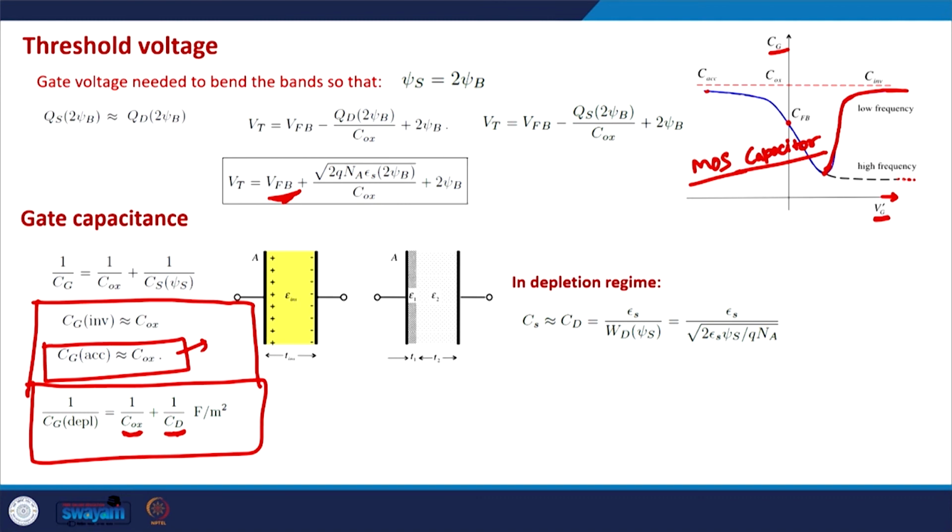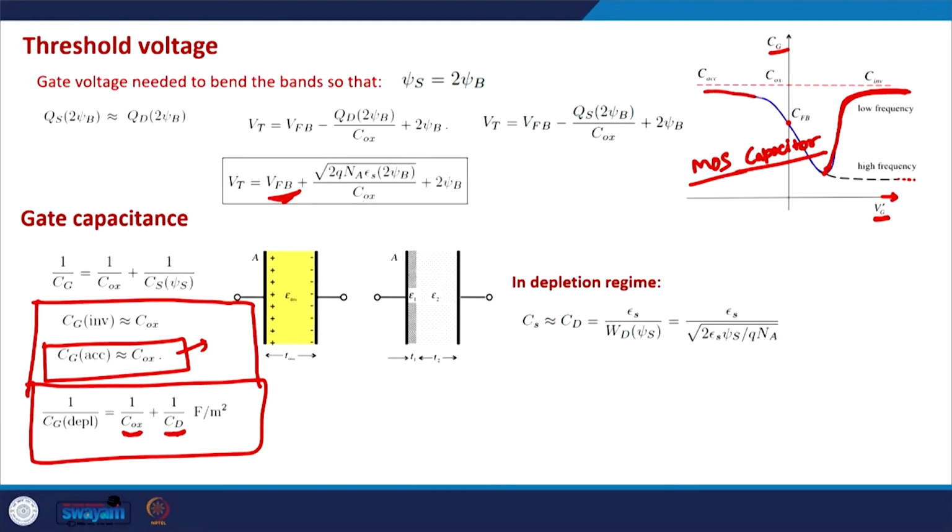Even at high frequency in the MOSFET we will see this low frequency behavior, because the electrons need not come from the recombination generation process. They can come from the contacts as well, because they are the majority carriers there.